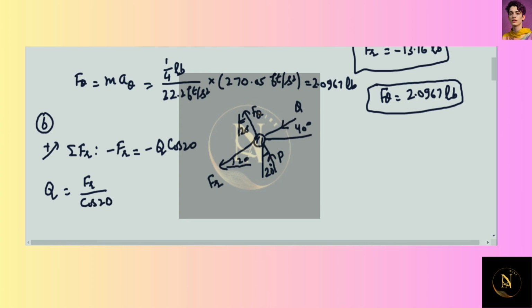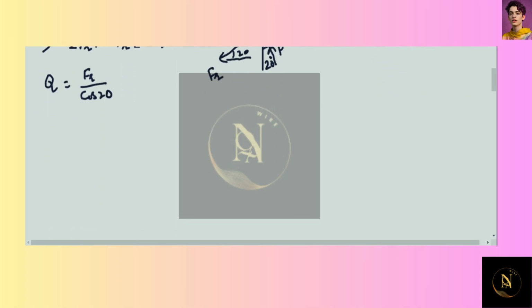So value of Q we will get, radial force is 13.1565 upon cos of 20. On solving it, you will get 14.009 pound.